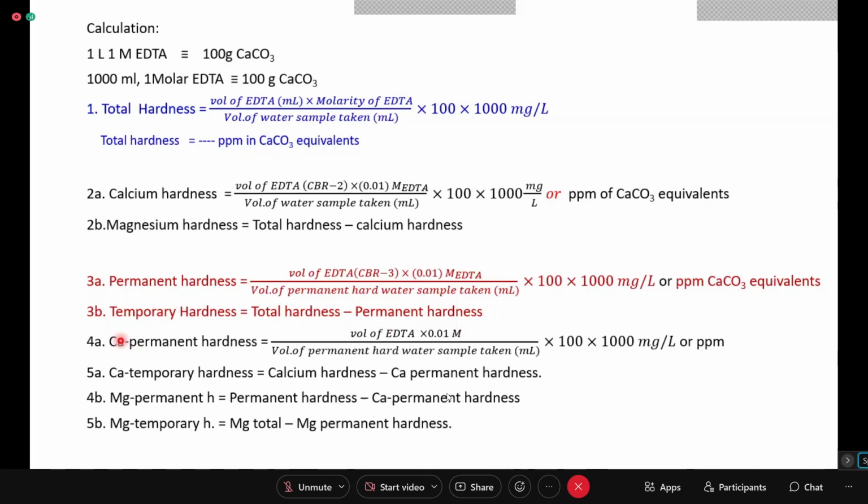Now the fourth part is what we are performing with the boiled water sample. The boiled water sample was taken and you added NaOH and murexide to get the calcium permanent hardness. So CBR4, okay, volume of EDTA here will be CBR4.